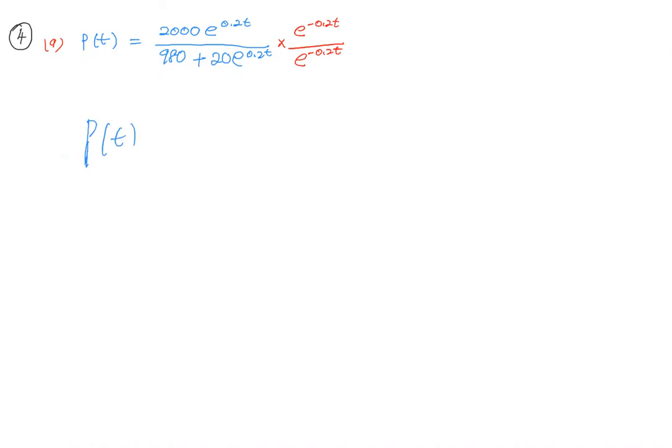You have to remember that a to the power of n times a to the power negative n, the answer is 1. As long as one positive, one negative, you add up equal to 0. So anything to the power of 0 is 1. So you can straight away write down here 2000 divided by 980 e to the power negative 0.2t plus 20.